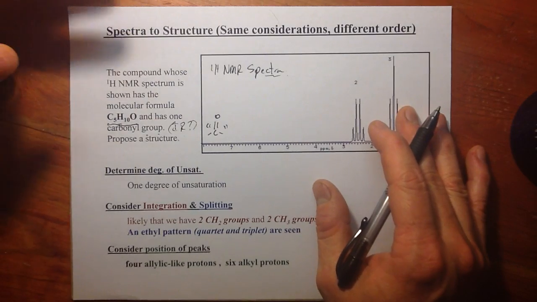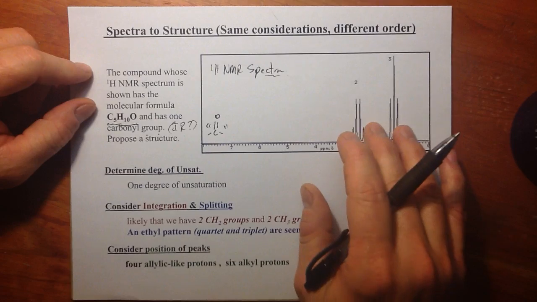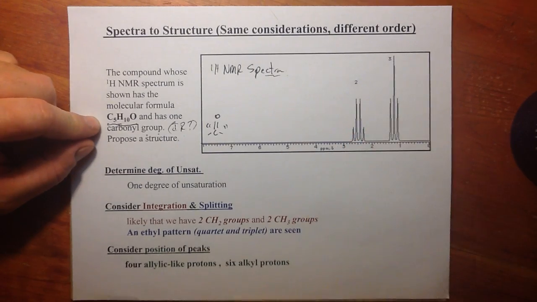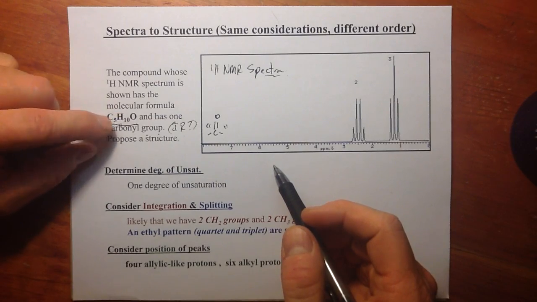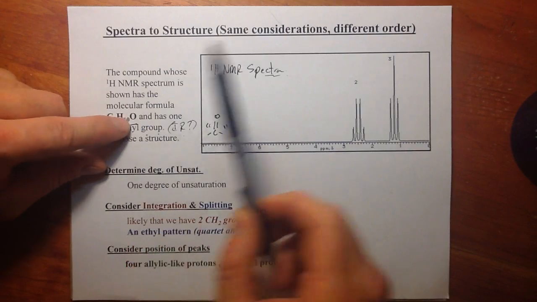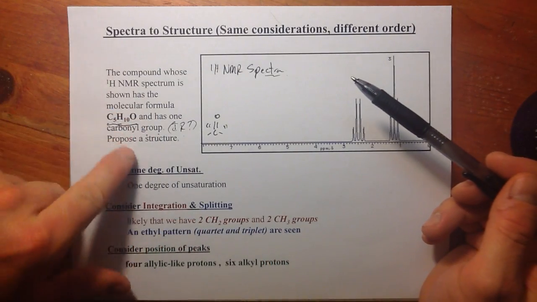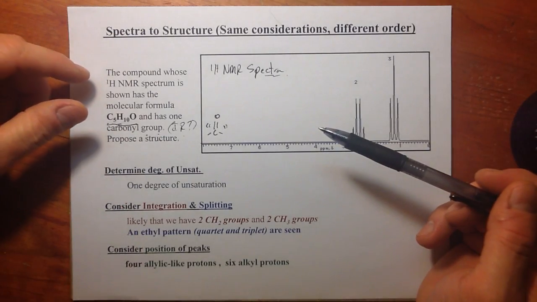What I'm proposing with this video is that there are three steps to take when you have spectra, some idea either from mass spectrometry or just information given about the molecular formula, how many C's, how many H's, how many O's you have, and maybe some IR data, to elucidate a structure.